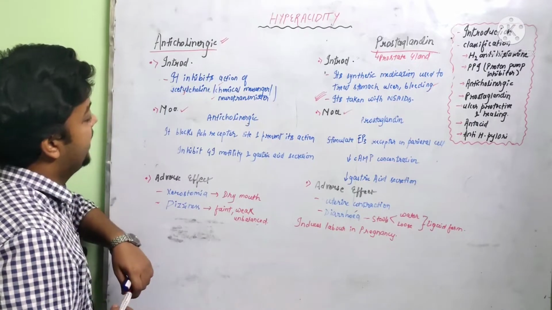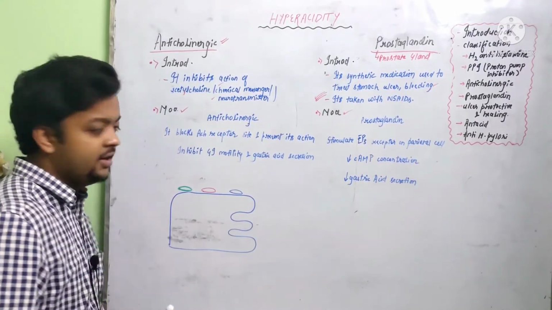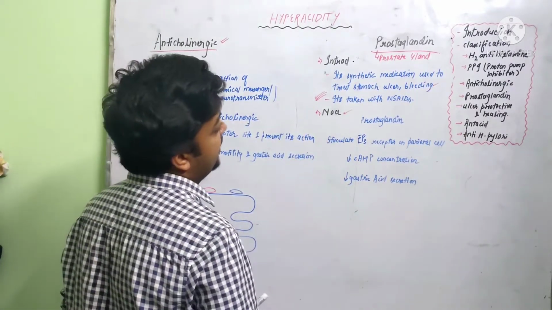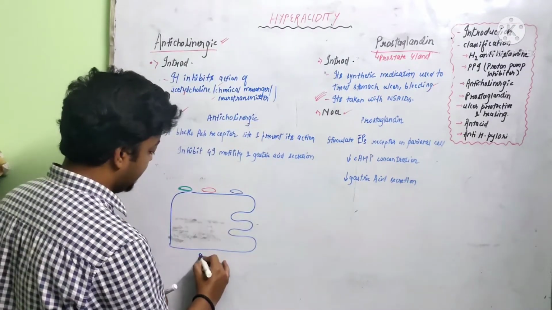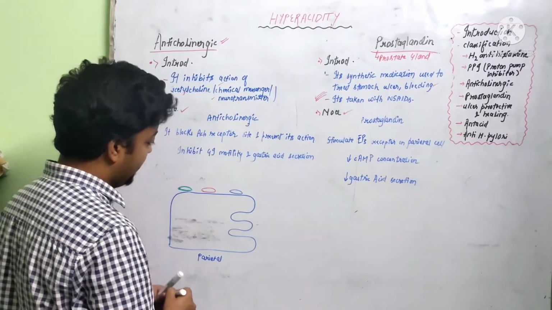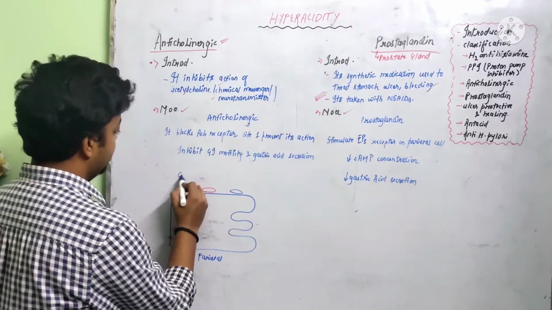So now let's talk about the mechanisms of both the classifications. Let us have a quick revision of what we discussed in the earlier videos about the proton pump inhibitors and the H2 antihistamines, right? In that video I discussed that we have gastric parietal cells. These parietal cells have 3 receptors which stimulate the release of HCl production in the stomach lumen. One of the receptors is called the gastrin receptor.